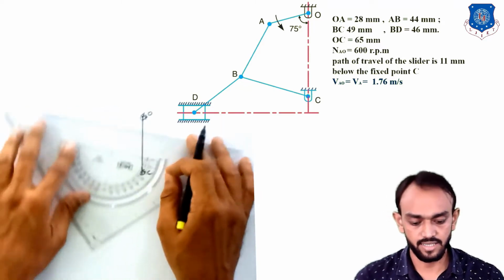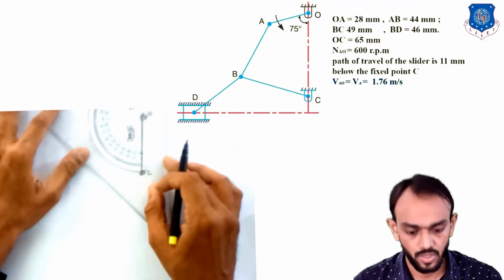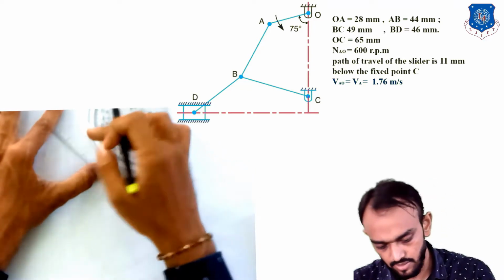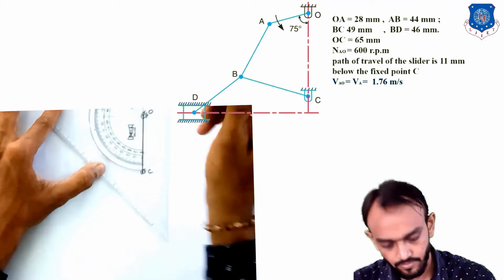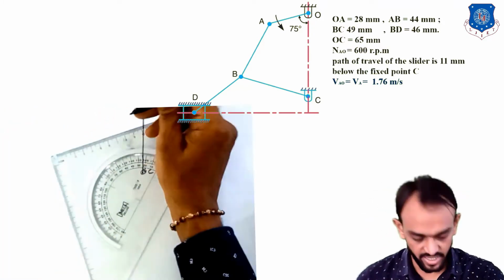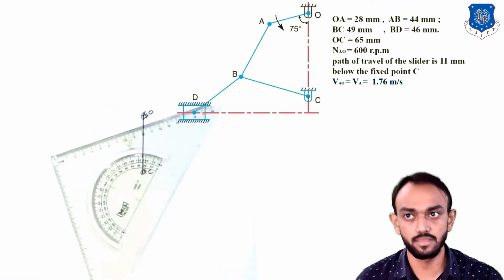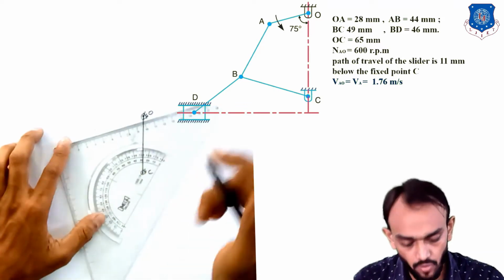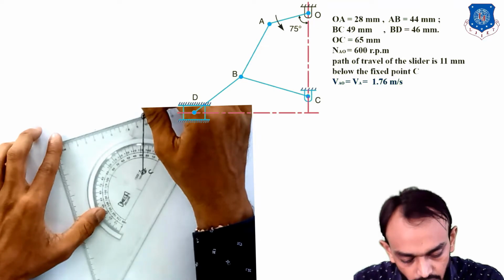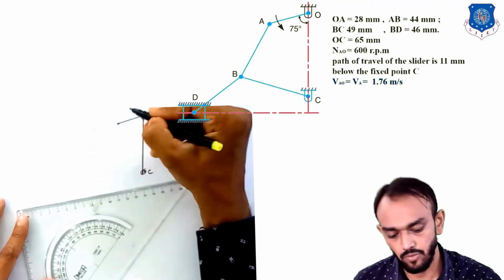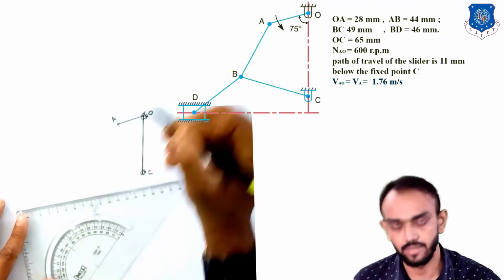Now at a 75 degree angle, you can see the 75 from here, you will draw O to A. The O to A distance, as you know, is 28 mm. So you will draw 28 mm length here, something like this. You will get the A point here.